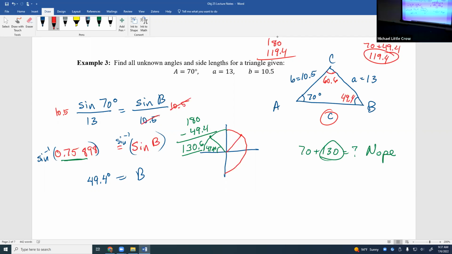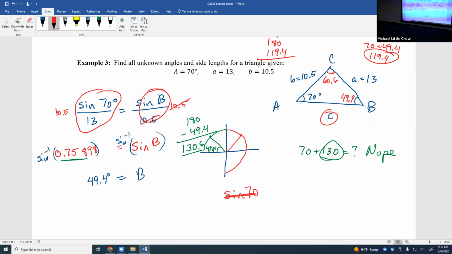And again, while I could use the information for sine of B and such, I'll use the ones that they gave me. So I'm going to stick with the given information, which is angle A and little a. But again, this time I'm finding a length. So actually I'm going to shift.